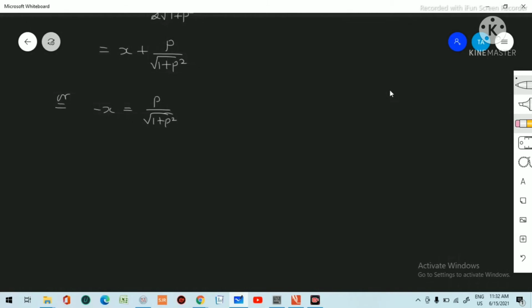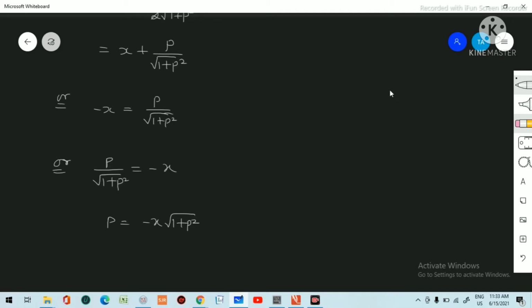Okay, or p by square root of 1 plus p square is equal to minus x. Now p is equal to minus x square root of 1 plus p square.